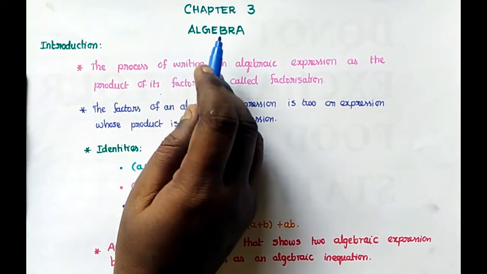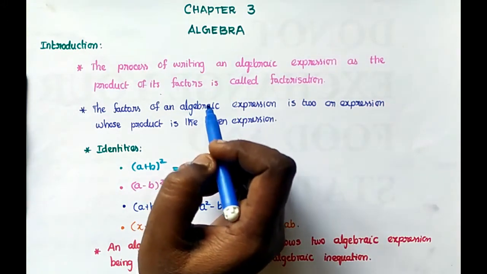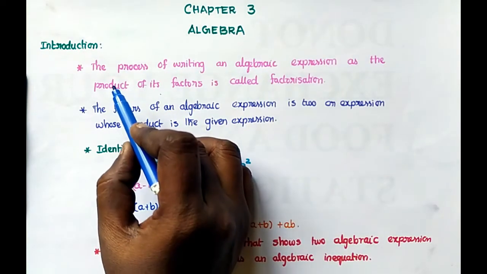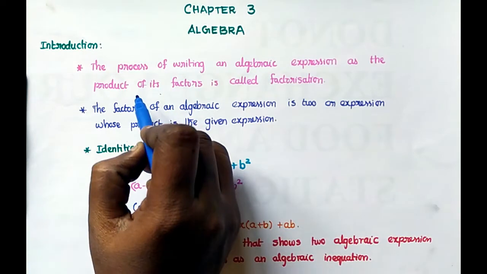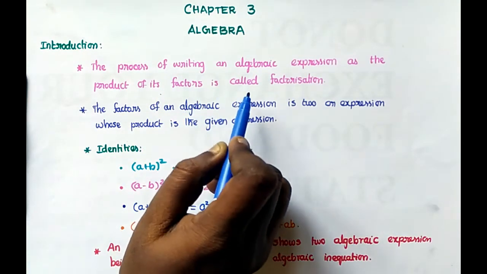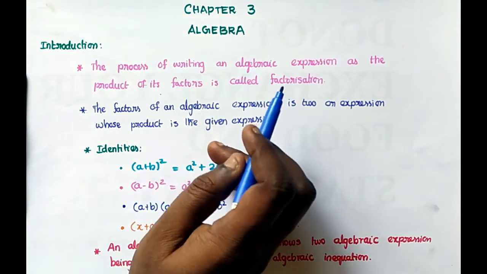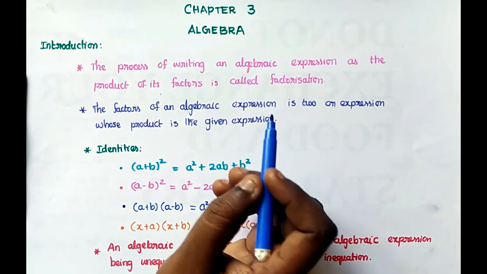Look at this chapter 3, Algebra. Here we discuss the factorization of algebraic expressions. Listen. The process of writing an algebraic expression as the product of its factors is called factorization.